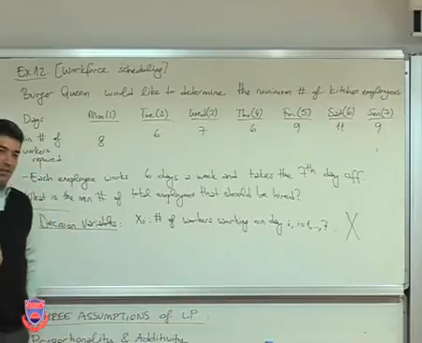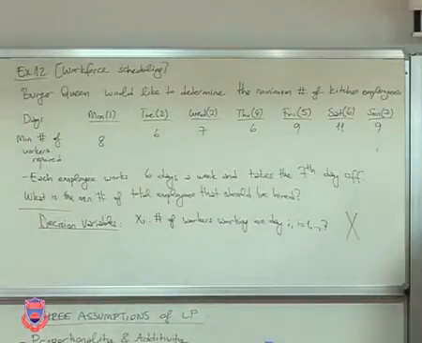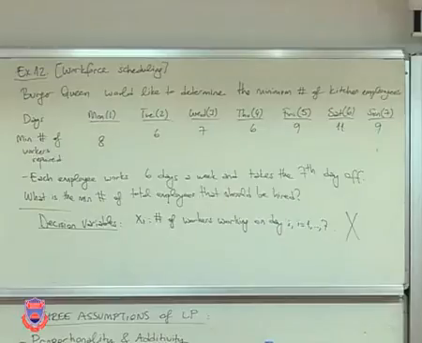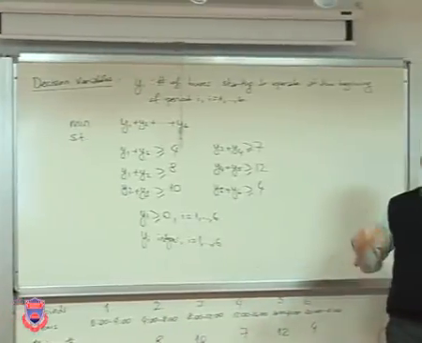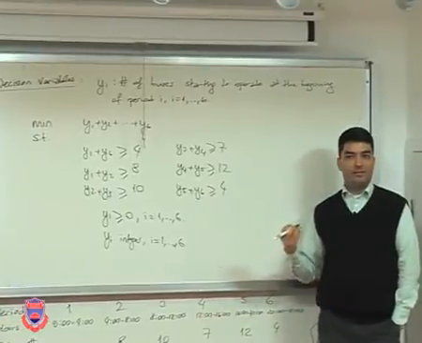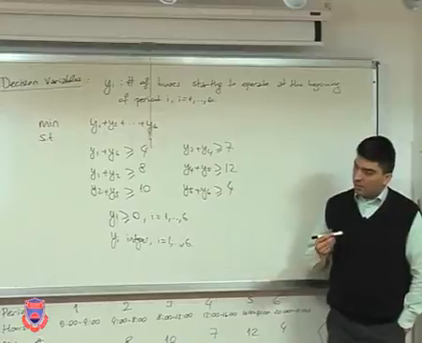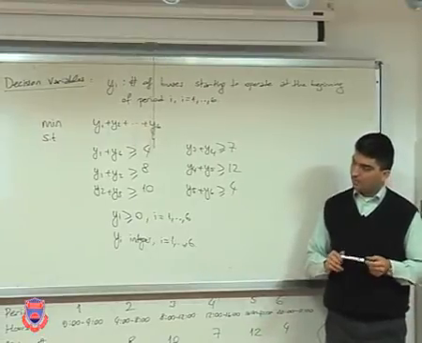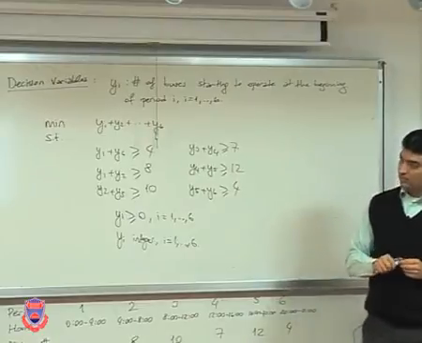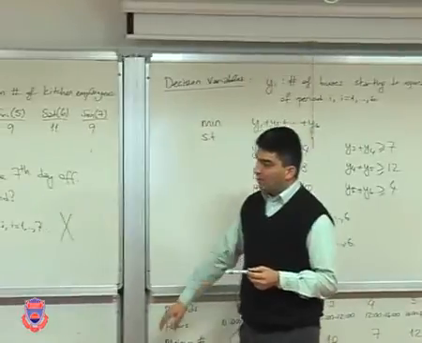So how should I define my decision variables? Well, how did we fix the problem here? We defined our decision variables differently, basically. So how should I define my decision variables for this problem? One way of doing it is the following, just like we did here.